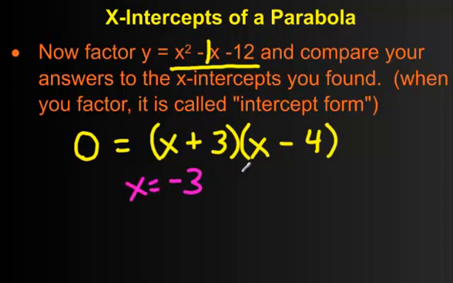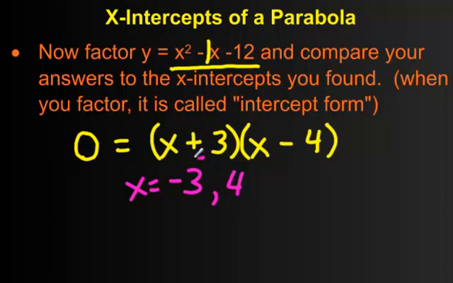Anything else? Well, if you wanted to, x could be something else as long as this side became 0, because 0 times this will still be 0. So what would this x have to be over here in order to make this thing 0? Well, as we know, 4 minus 4 is 0. So if x was 4, that would also make this whole thing 0.